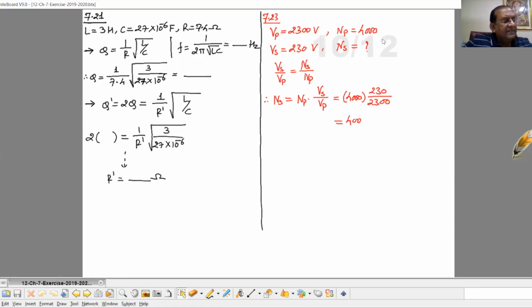Then E, why is choke coil needed in the use of fluorescence tube with an AC mains? Why can we not use the ordinary resistor instead of the choke coil?